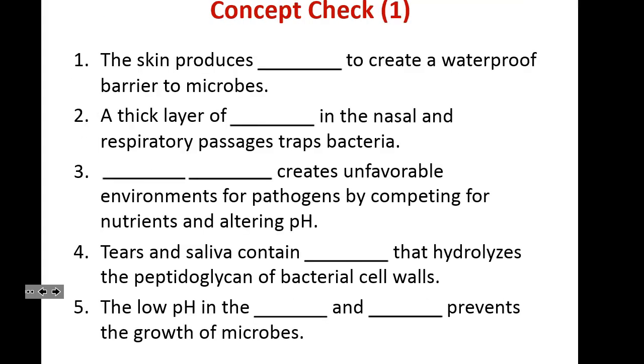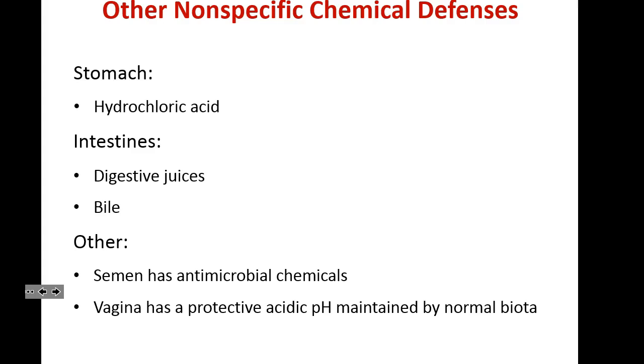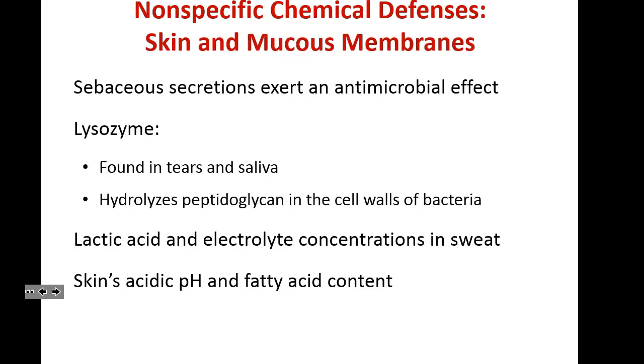All right. What competes for nutrients and alters pH? Tell me now, tell me later, tell me on the quiz. Tears and saliva contain what that hydrolyzes the peptidoglycan of bacterial cell walls? Lysozyme.